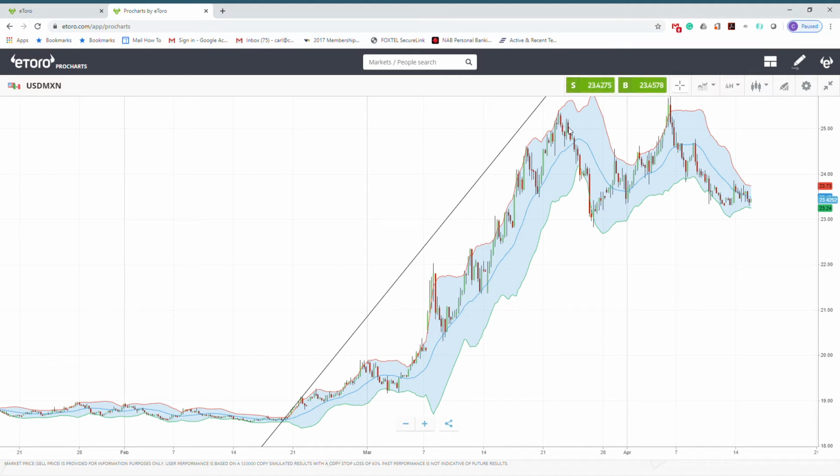Then when it finally decides to come back, because you're moving your stop loss as you go using a trailing stop loss based on the lower band, here your trade will terminate and you're making a good profit with a few positions opened.